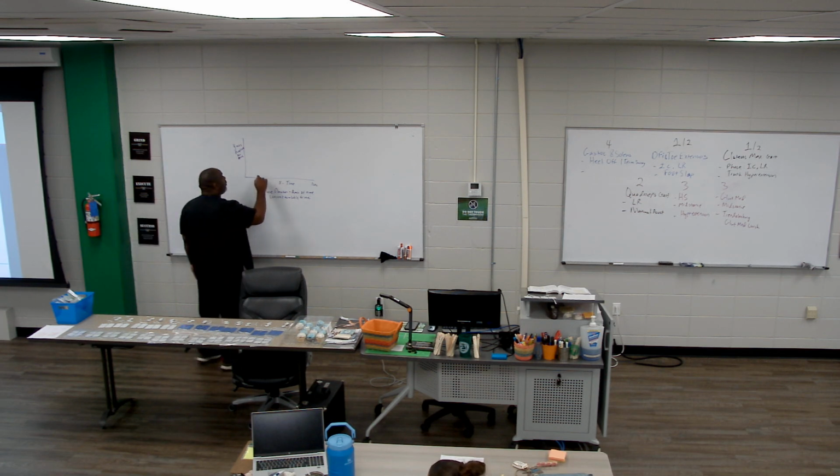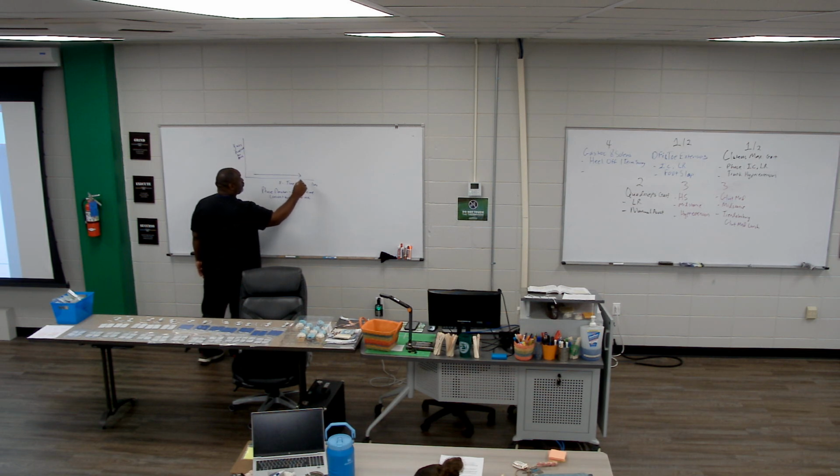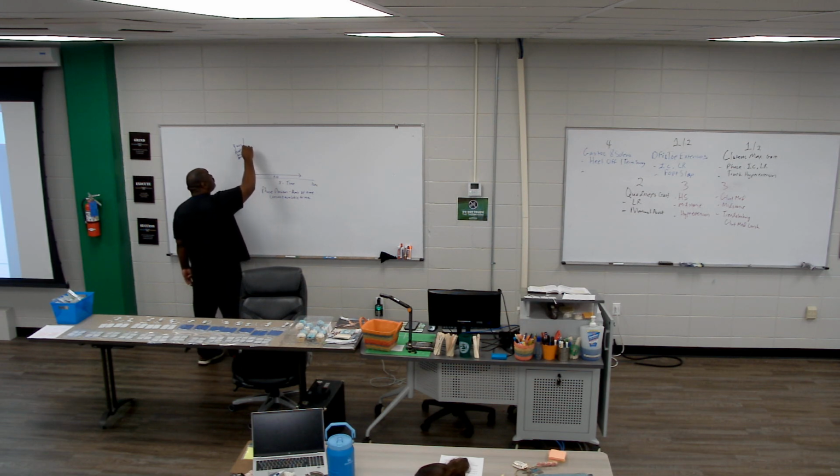As I go further out this way, going toward 1 second, my amplitude that I need to depolarize a nerve is going to start to go this way. It starts up here really high. When I have low phase duration, my amplitude is high.